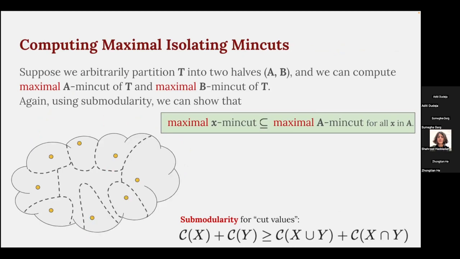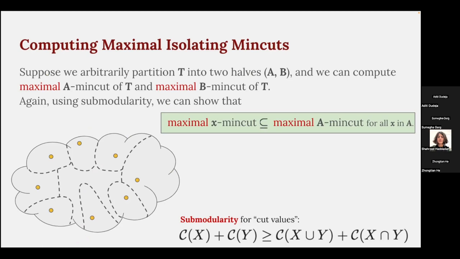We compute the maximal A Mincut, contract the other part and recurse on A, and we do the same thing for B. Now the two parts might overlap when we do the recursion, but we can bound the total volume on each depth of the recursion tree.